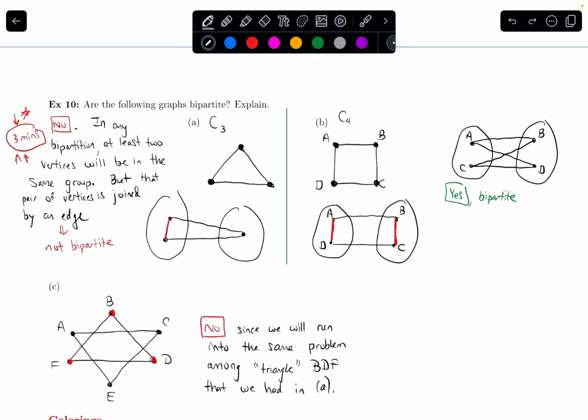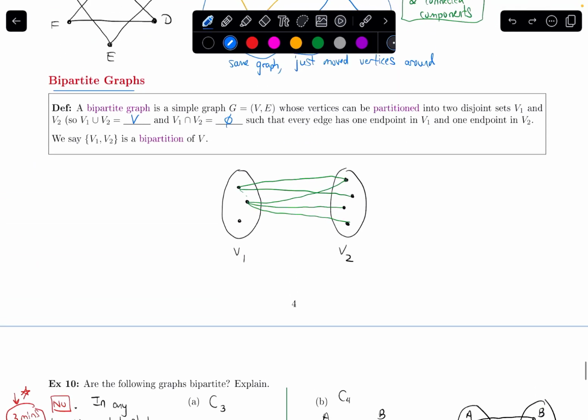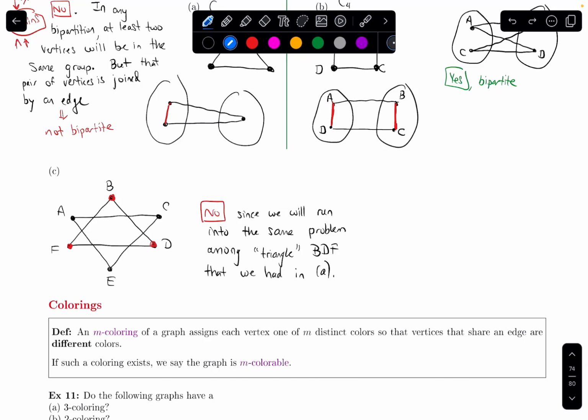So one of the questions that we might have is, is there some other way to tell if a graph is bipartite, rather than having to do casework like this each time? And it turns out, yeah, there is a way. We'll need to introduce a bit more terminology, and this has to do with the idea of colorings in graphs. There will be a connection between colorings and whether a graph is bipartite or not.